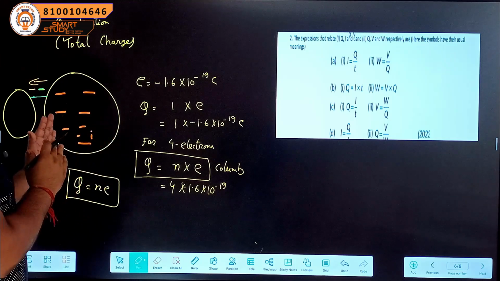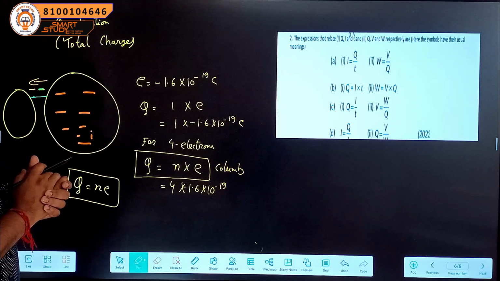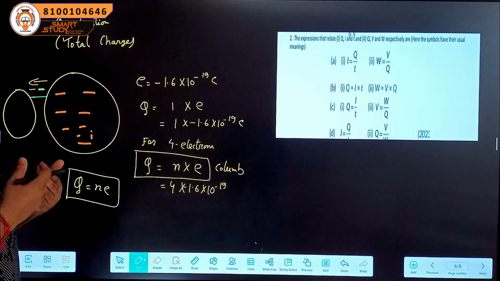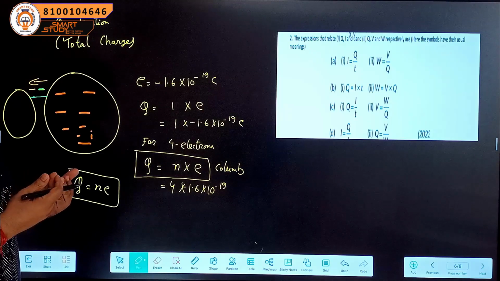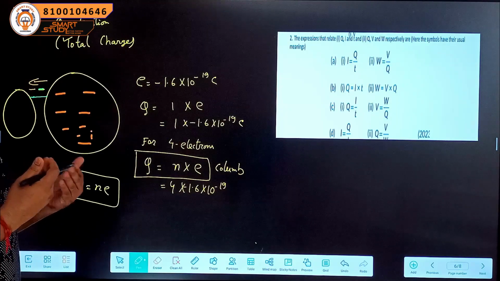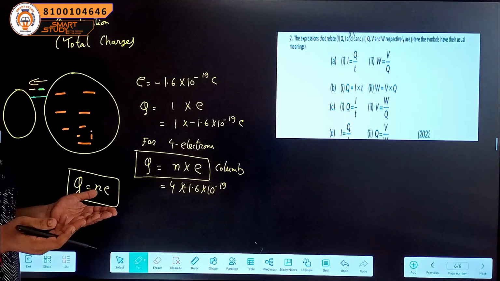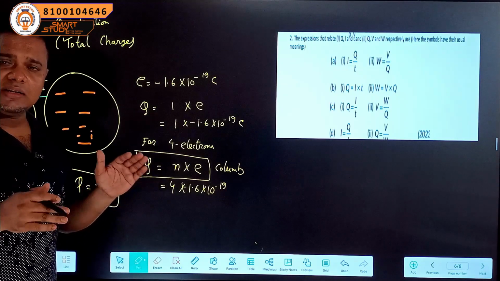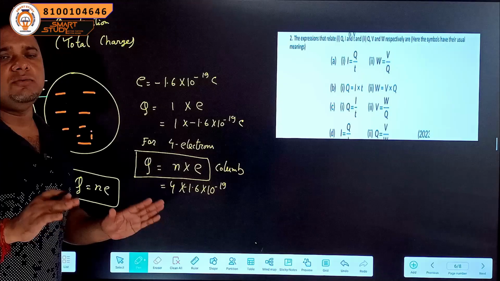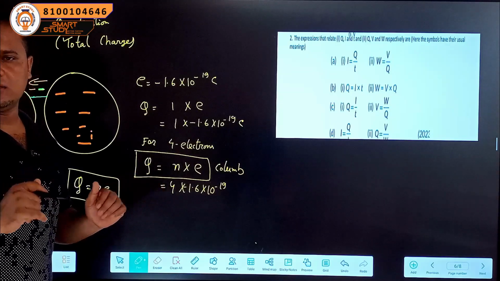So this flow of electrons is termed as current. It is the amount of electrons flowing with respect to time. If it increases, then we say that the current is increasing, and if the amount of electrons is decreasing with respect to time, then we say that the current is decreasing.